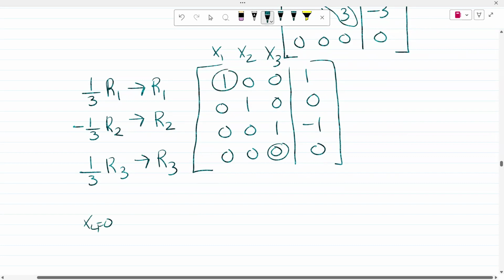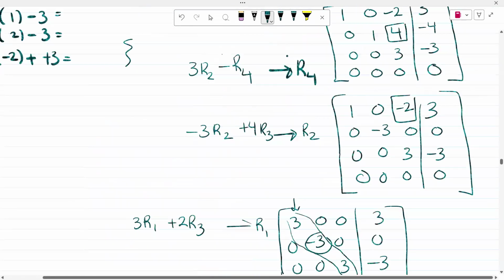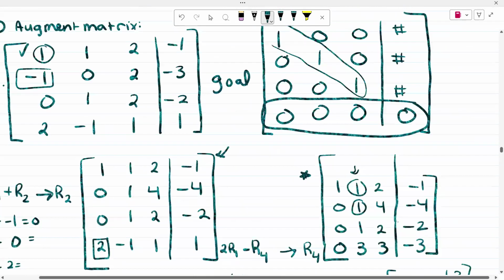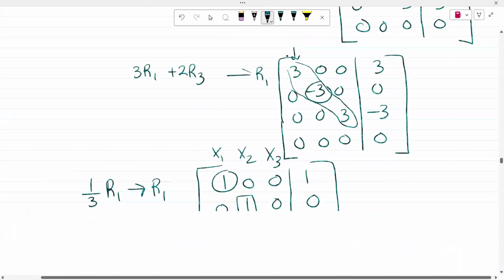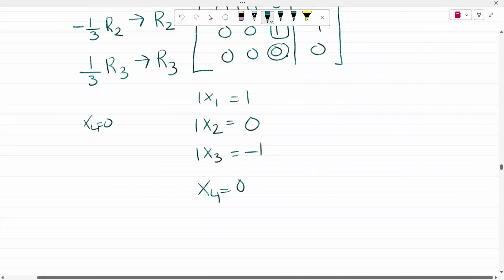Let's start here. 1 x1 equals 1. This is the coefficient for x2, so this is 1 x2 equals 0. And then this is 1 x3 equals -1. And then we do have an x4. Remember, in our problem, there was an x4. So our x4 is 0.